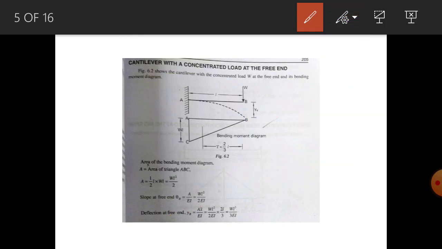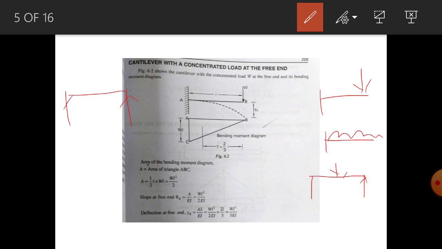This is how you are going to calculate the formulas for every type of beam, that is, cantilever with point load, cantilever with UDL, right? Then simply supported with point load at the center, and one more is simply supported with UDL.